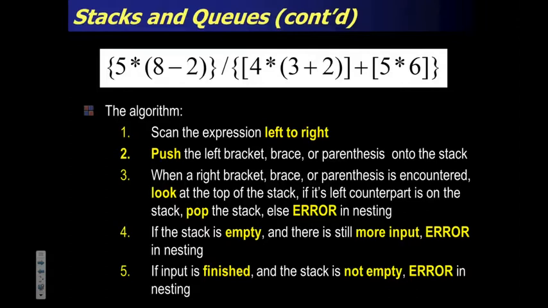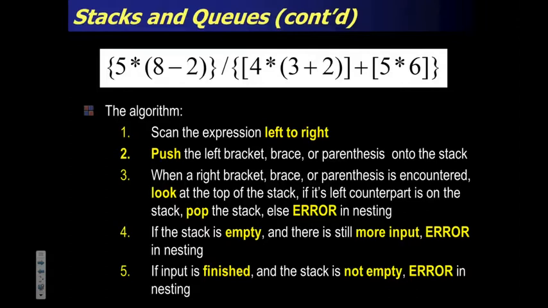And if the pop matches, the two brackets match, then we're okay. But if they don't match, we have an error. If the stack is empty and we're out of input, then again we have an error. But if the input is finished, in other words, we get through all of these characters, and the stack still has something on it, then again we have an error.